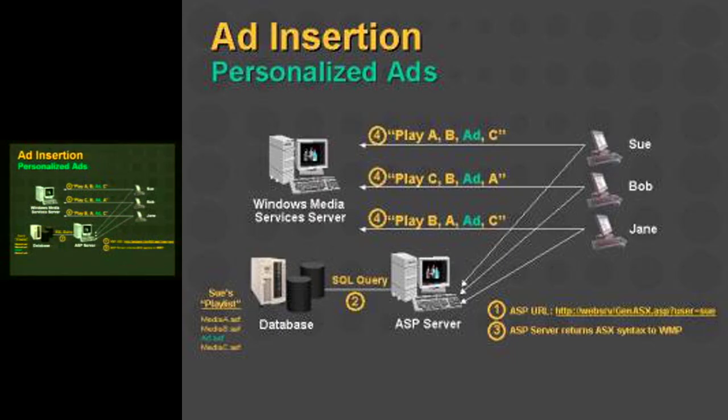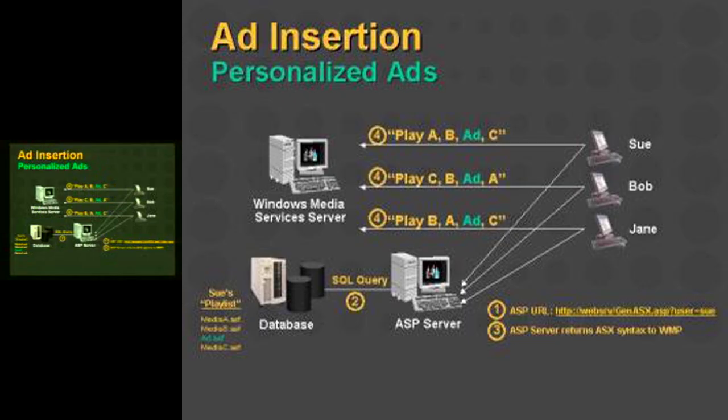Now, what's interesting about that is you have many different possibilities of how you get that ad. The ad in that playlist can be generated by going off to a service provider like DoubleClick or Engage, in which they actually do ad campaigns and tracking of who you are, all anonymously. And actually, Dave will talk more about how all this works. You can then pull that ad, based on that user and what they are interested in, into their playlist.